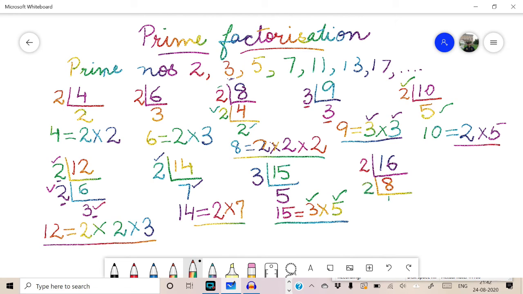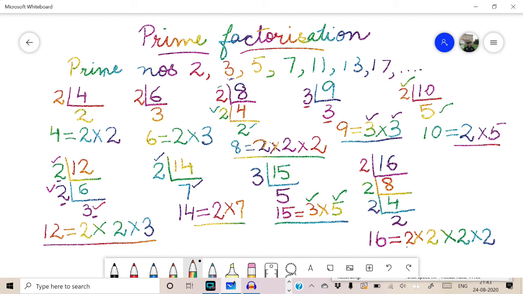Now 2 4s are 8. Now 4 is also a composite number. So again we have to do it. 2 2s are 4. Now 16 can be expressed as 2 multiplied by 2 multiplied by 2 multiplied by 2.